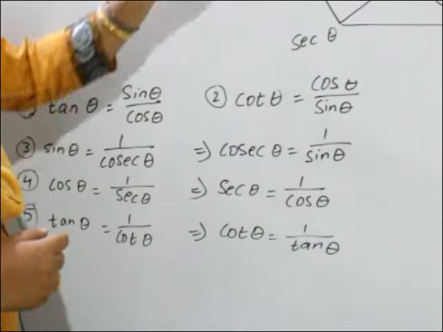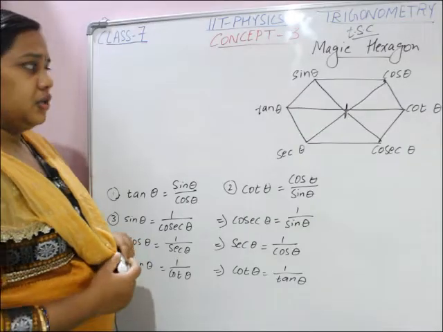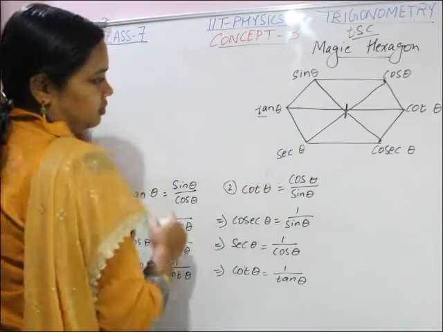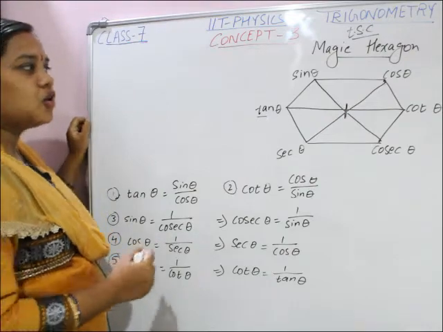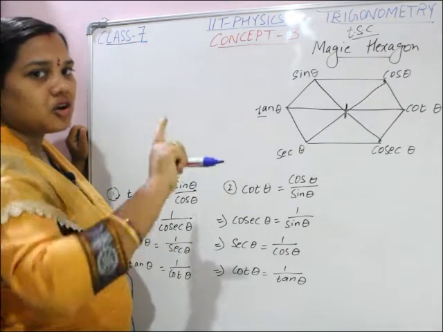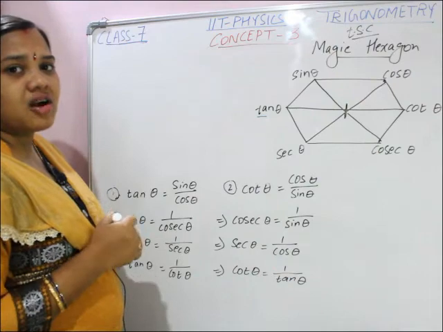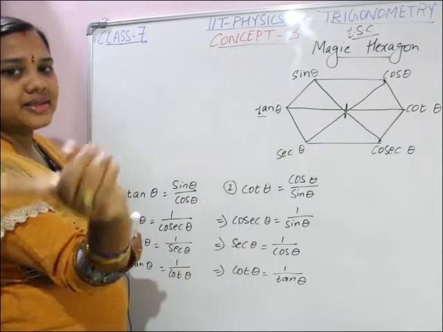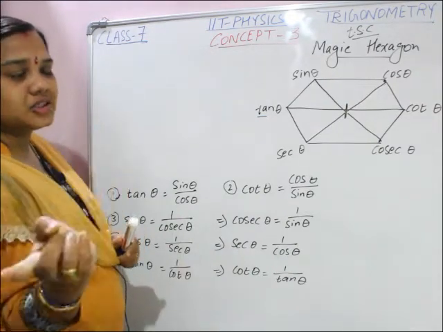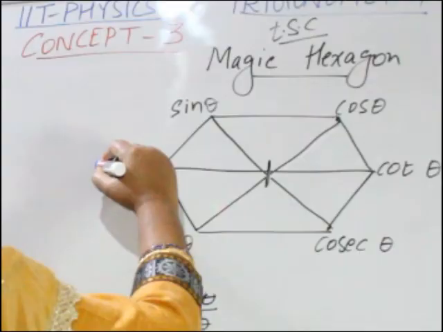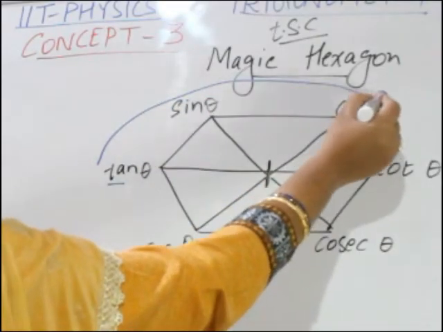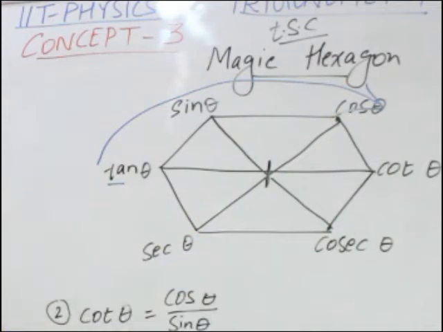How to get this from the magic hexagon? You have to start from T and go in the clockwise direction. You know the hands of a clock, how they move? It is moving like this, no? That is the clockwise direction. So from tan, sine, cosine, like this, clockwise direction.